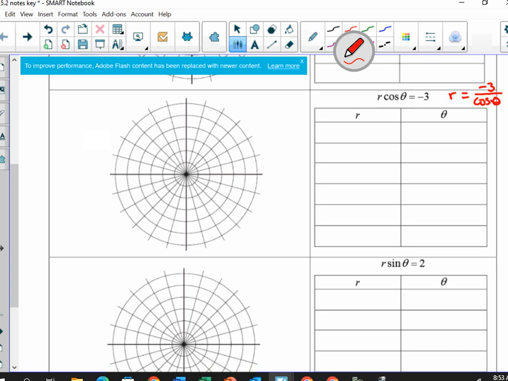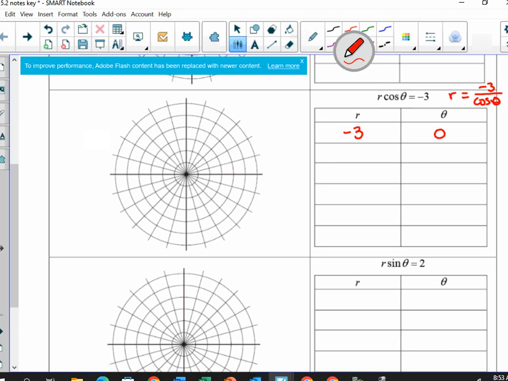We're going to plug our thetas in first. So if theta is 0, what do I get for r? What is the cosine of 0? 1. So negative 3 over 1 is -3. I'm not going to use every theta because it's going to be kind of annoying.